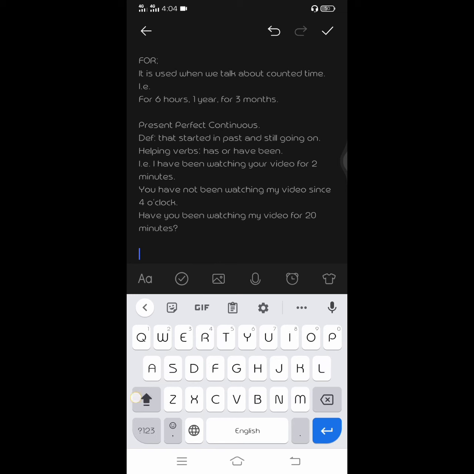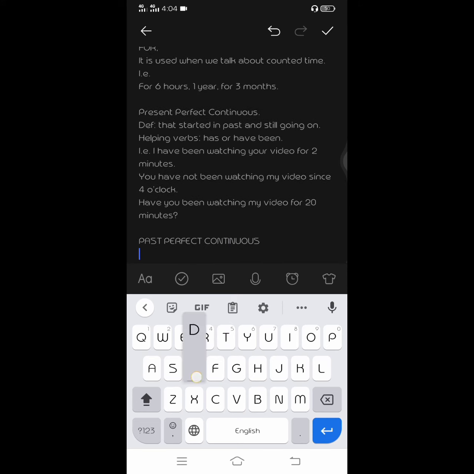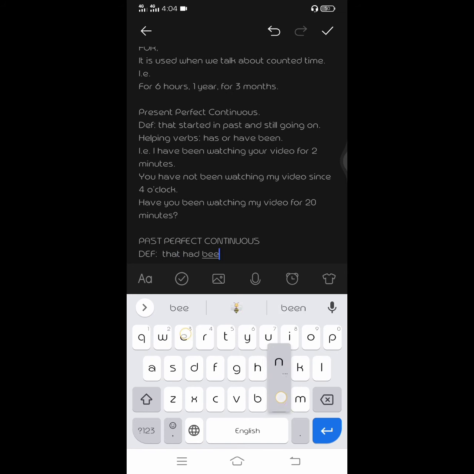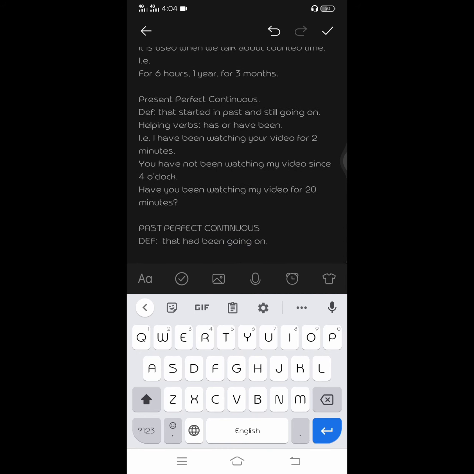Next we have past perfect continuous, right? The definition of past perfect continuous is just like past continuous, that had been going on, like जो भी काम हो रहा था और एक वक्त तक चला. ठीक है, इसके अंदर भी हम टाइम मेंशन करते हैं.